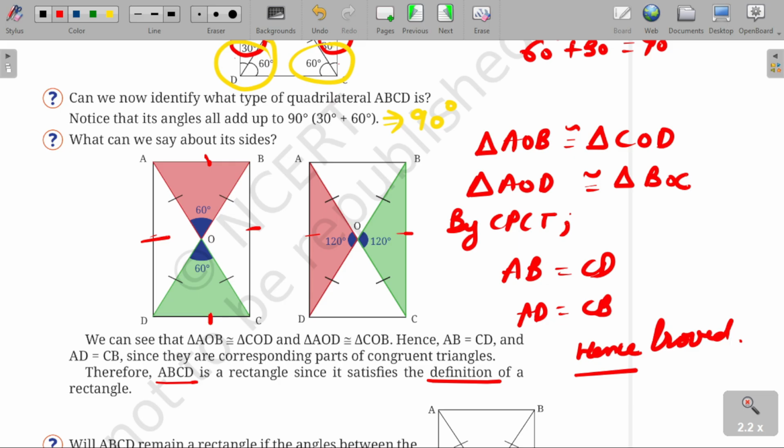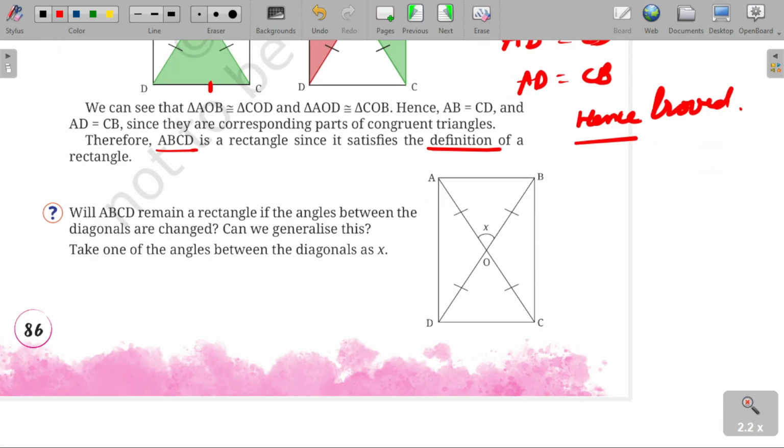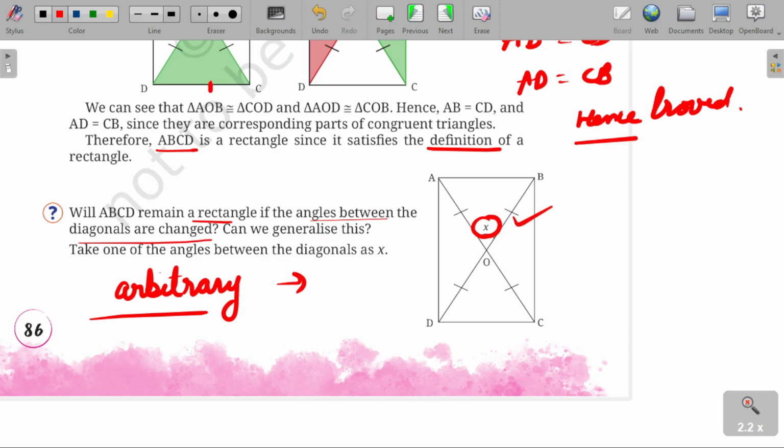Hope you are clear with this. And now, will ABCD remain a rectangle if the angles between the diagonals are changed? As I have used the word arbitrary, arbitrary means this can be changed with the dimensions, okay? So now we have taken it as x. X means any general value.